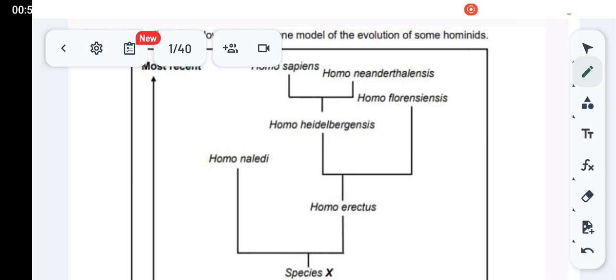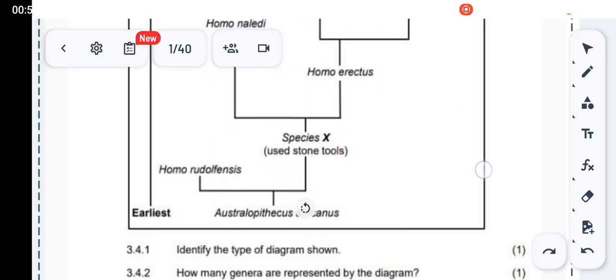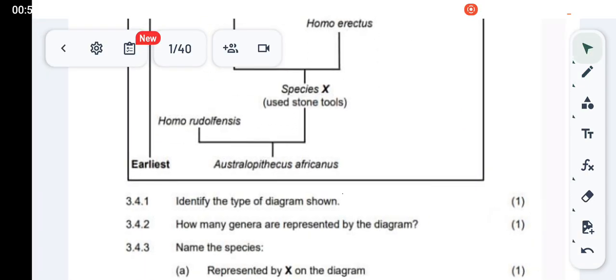Now, as you can see, we've got so many Homos: Homo sapiens, Homo something, Homo what. With that, it's one or more, same thing, because it's Homo. So we will count it as one genus. Then we've got Australopithecus, which is another genus.